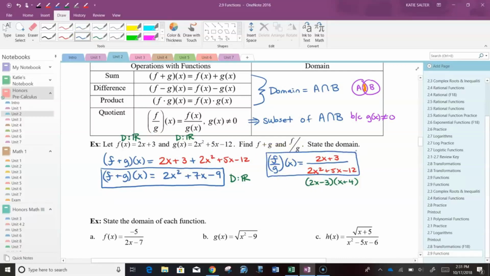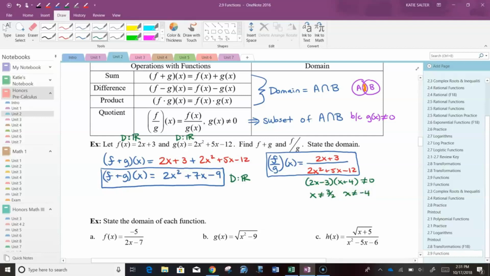However, we have to now include the values of x that would make the denominator equal to 0 in our domain, because we cannot divide by 0. Since we have the factors 2x minus 3 and x plus 4 in the denominator, just set those equal to 0 and solve, because we know that they cannot equal 0. Therefore, x cannot equal positive 3/2, and x can also not equal negative 4.